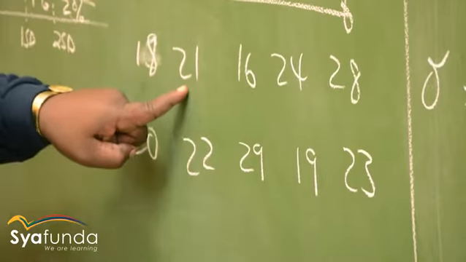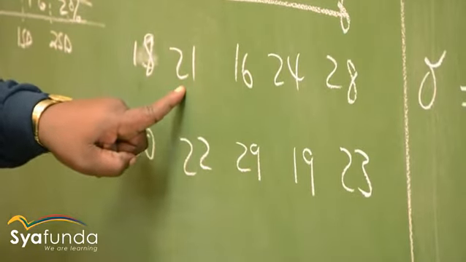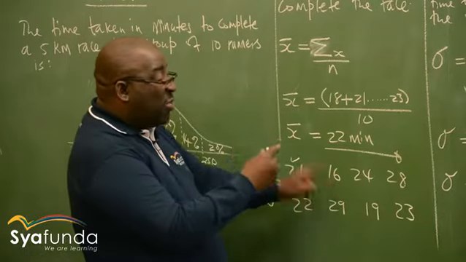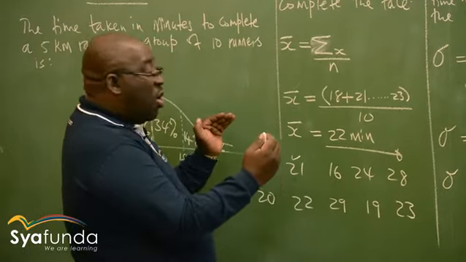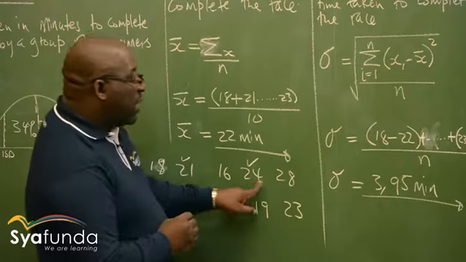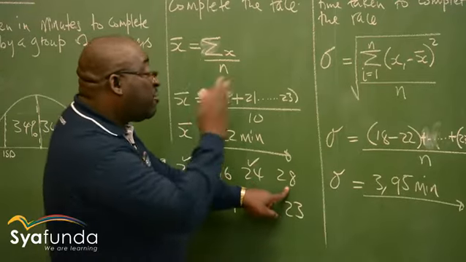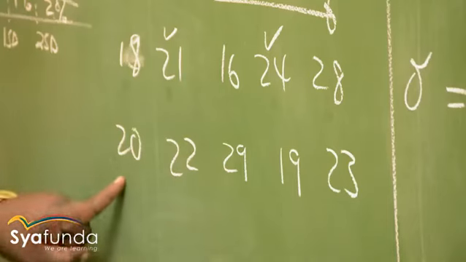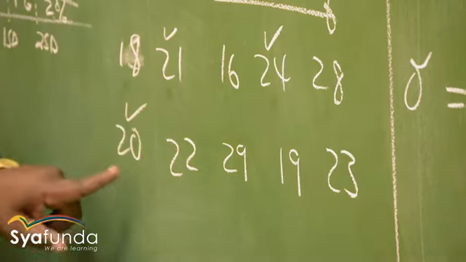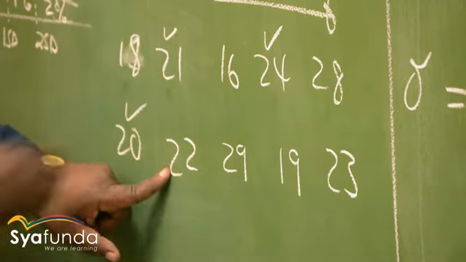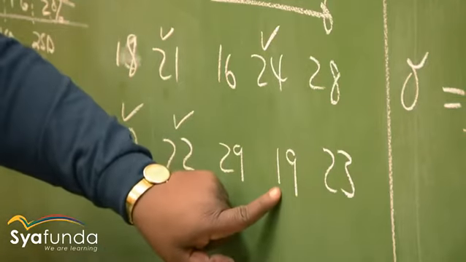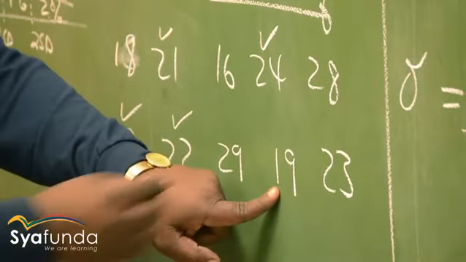Yes, so this is number 1. 16? No. 24? Yes. 28? No, it is above 25. 20? Yes. 22? Yes. 29? No. 19? Yes.